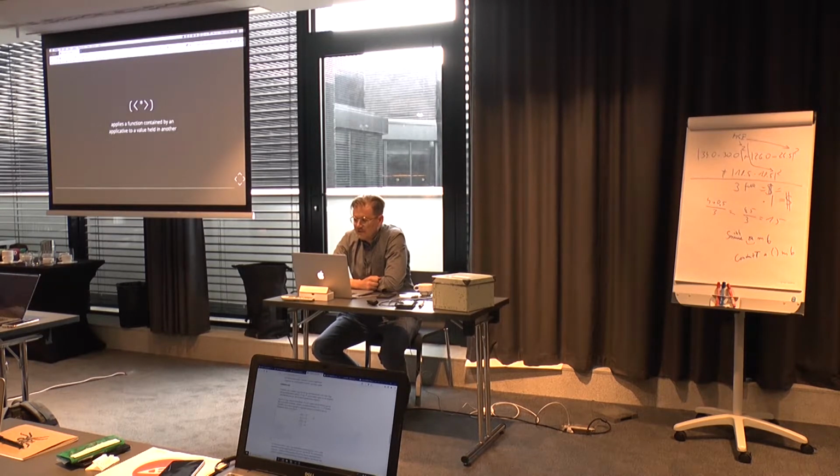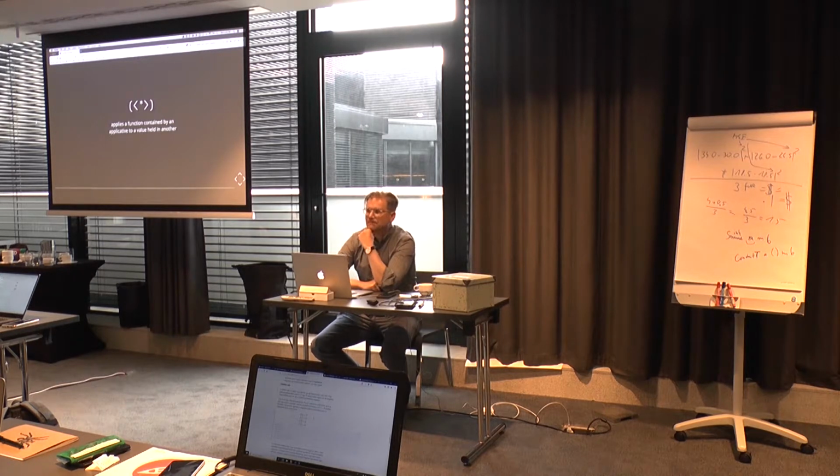And this function is going to take an applicative that contains a function and apply that function to the value that's held in a subsequent applicative. Julie talked a little bit about this as well, but this is a way of allowing us to store both values and functions inside of our containers and still having a consistent API to deal with them.